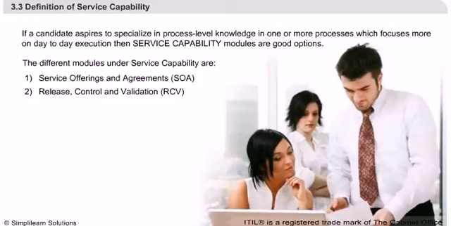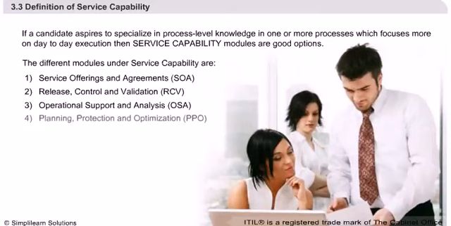Release Control and Validation, RCV, 3. Operational Support and Analysis, OSA, 4. Planning, Protection and Optimization, PPO. As we have an understanding of both the streams, let us understand the differences between them in the next slide.